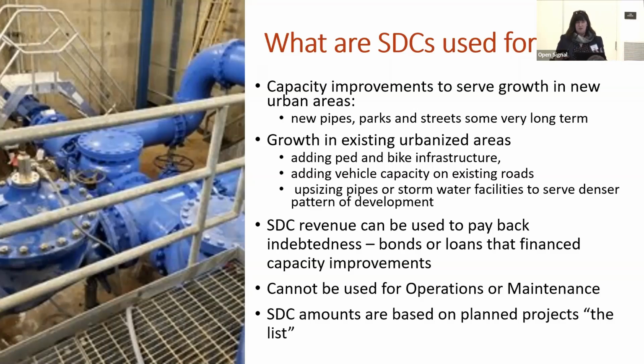They need to be used to serve a larger population of residents or businesses, which is about the impacts and needs of that development, not simply the ongoing maintenance of the existing system. And again, this gets back to the methodology. The amount of those SDCs is based on the impact of that development and the relationship to specific projects and the estimated cost of those projects over time.